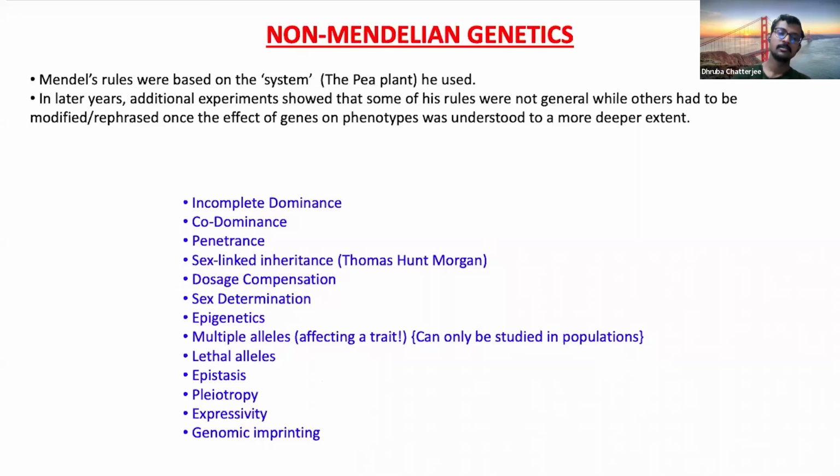And also a kind of deviation from the independent assortment law is linkage, which Thomas Hunt Morgan discovered in Drosophila melanogaster. Linkage is one phenomenon where, for example, on one particular chromosome, there are several different loci, that means several different genes which are clustered very closely to one another.